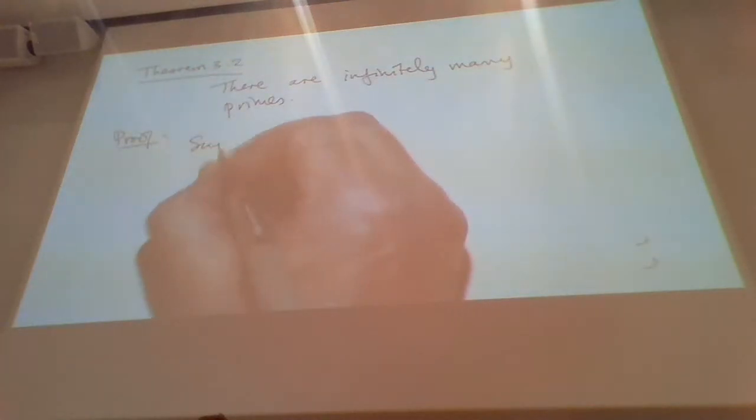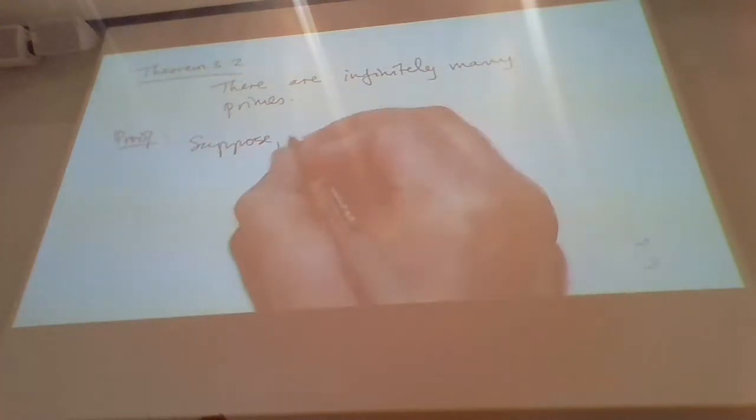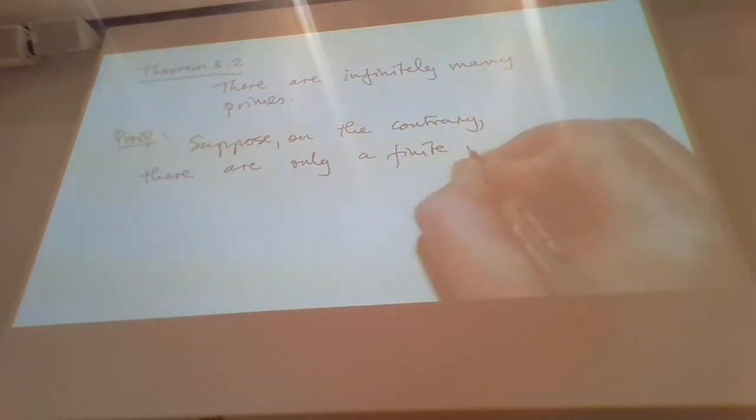So it's a proof by contradiction. We suppose, on the contrary, there are only a finite number of primes.